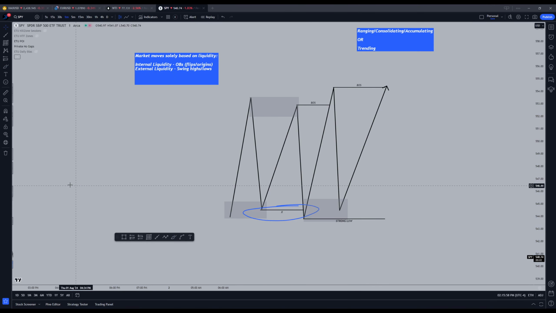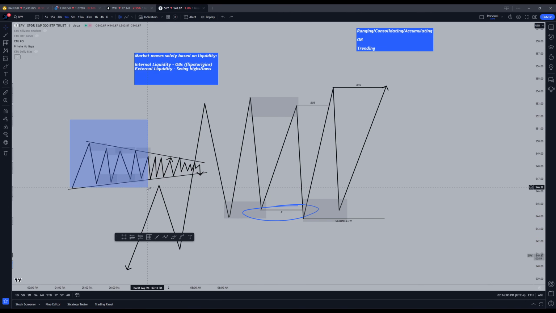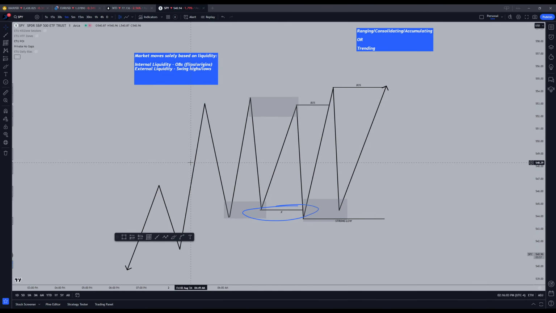What I like to apply sometimes for prediction of price, this works pretty well, is if we are in a range, if you go from internal to internal, okay, I'm expecting if this holds here that we should go to external again.